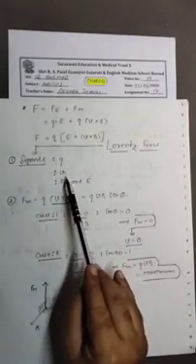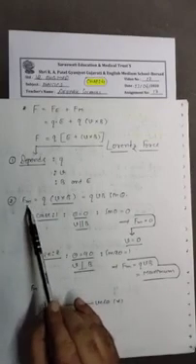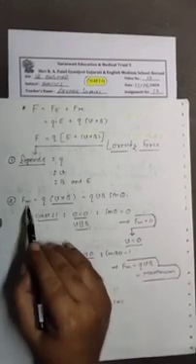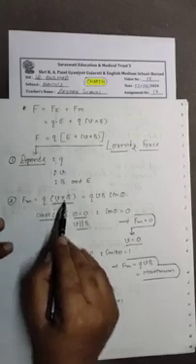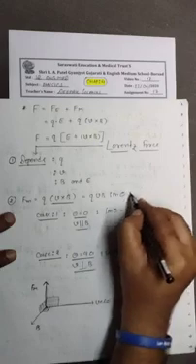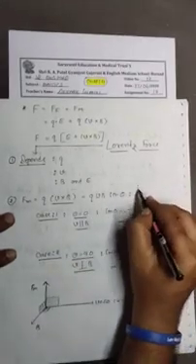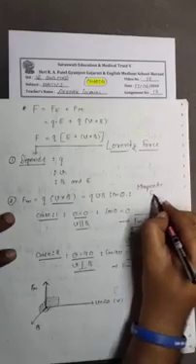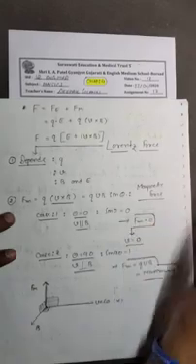The Lorentz force depends upon charge Q, velocity V, and magnetic field B. This is the second point: here we have taken only the magnetic force. So what is the magnetic force? Fm is equal to Q V cross B. As it is a vector product, the equation of magnetic force is QVB sin theta.